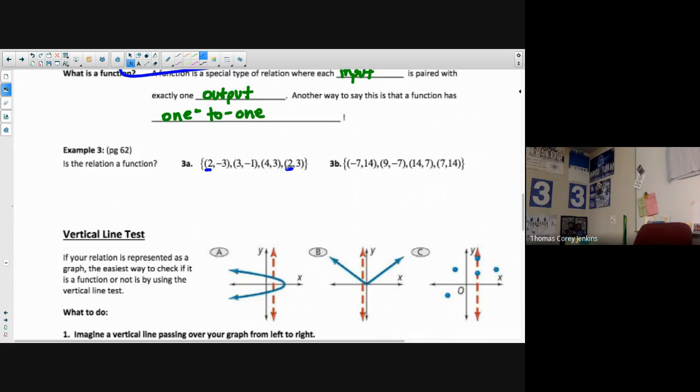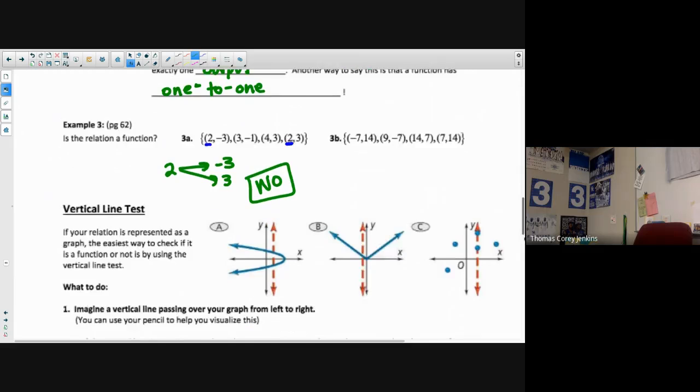If we're thinking about a mapping diagram, this says that 2 maps to -3, but also 2 maps to +3. That cannot be. So if you have a repeated input in a set of ordered pairs, then the answer would be no. I'll leave 3B for you to look up or try on your own.